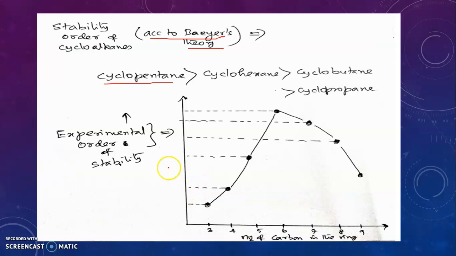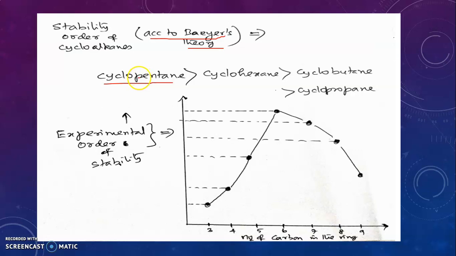In cyclopropane, stability is very low. Then cyclobutane has slightly higher stability. Cyclopentane has slightly higher stability. Cyclohexane has the highest stability. This is very important.